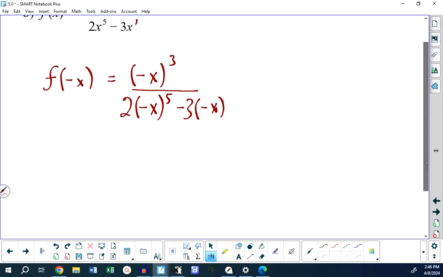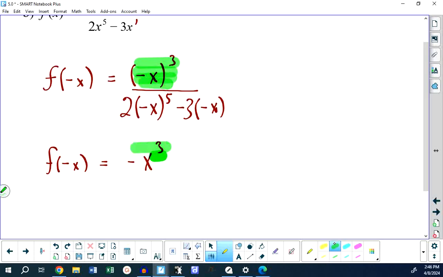So the top of this expression is -1 x to the 3. I really hope you understand that although these two things I'm highlighting are equal, they have different meanings, right?